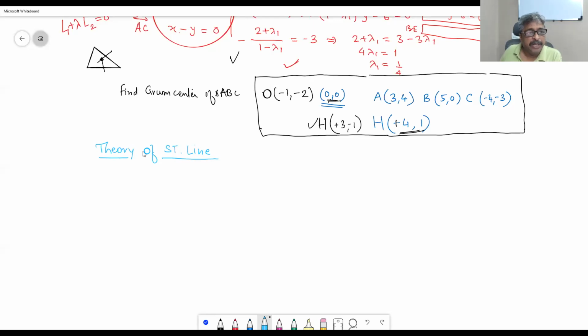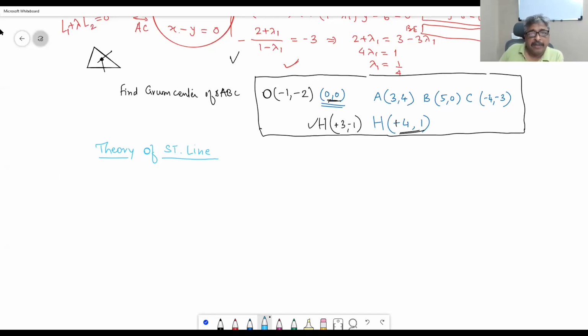Therefore, we dealt with numericals first, and I am trying to legalize all the things that we had done earlier by writing a couple of proofs, a couple of theorems in straight line, circle, two-dimensional geometry, whatever we have studied so far.